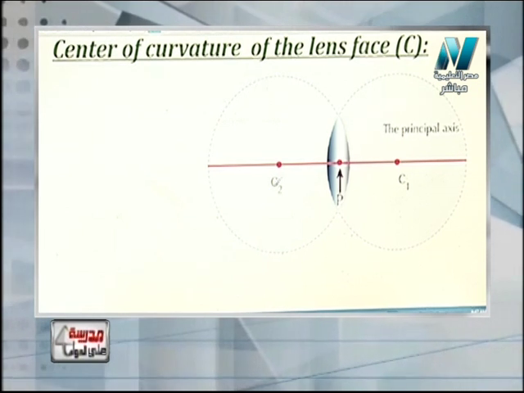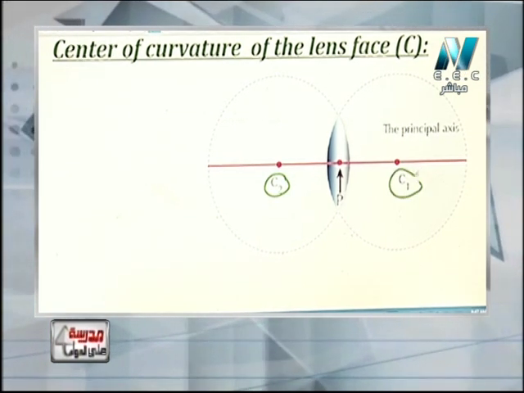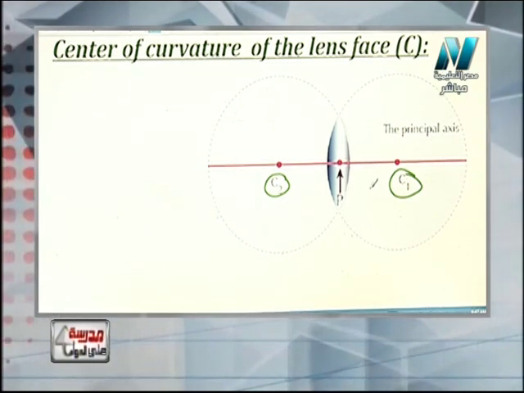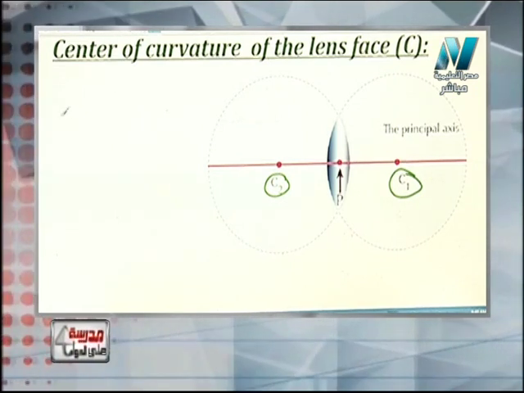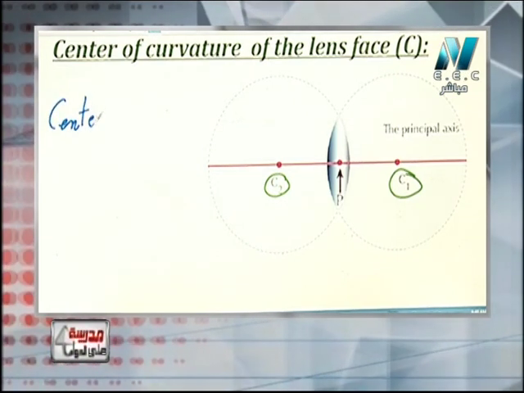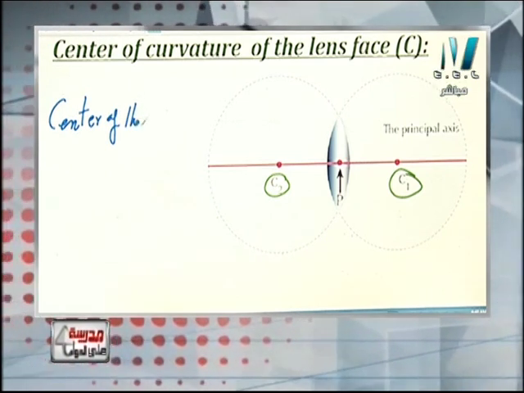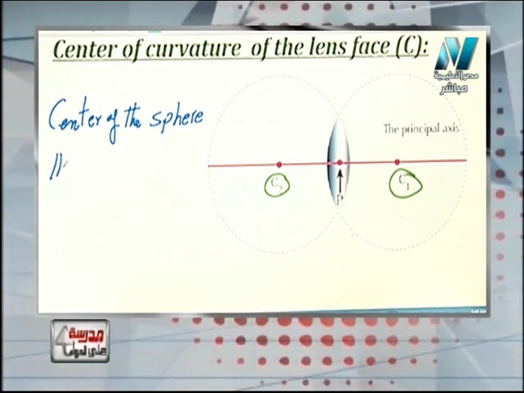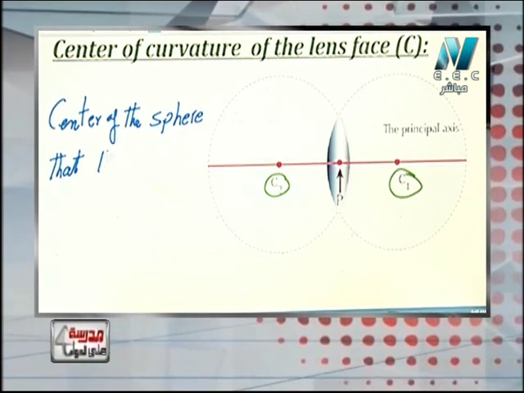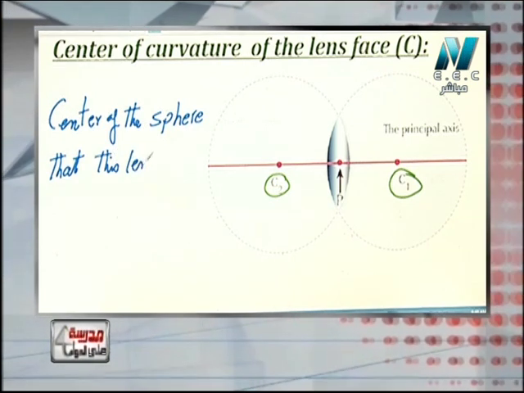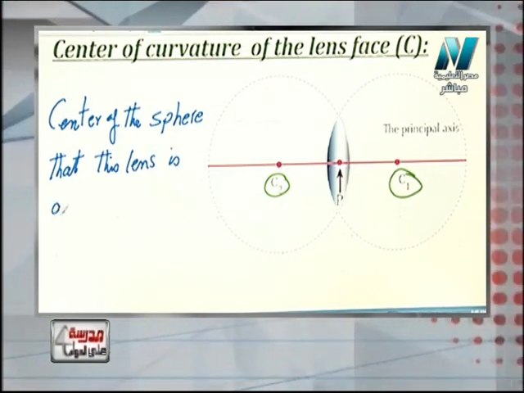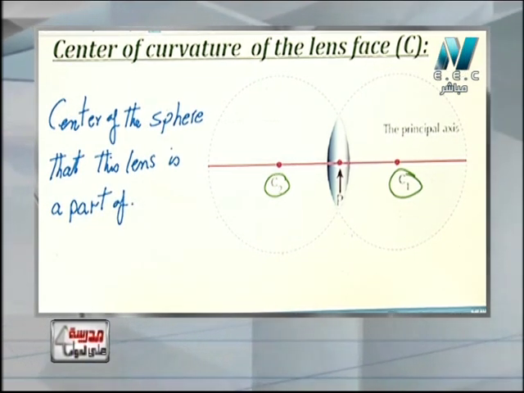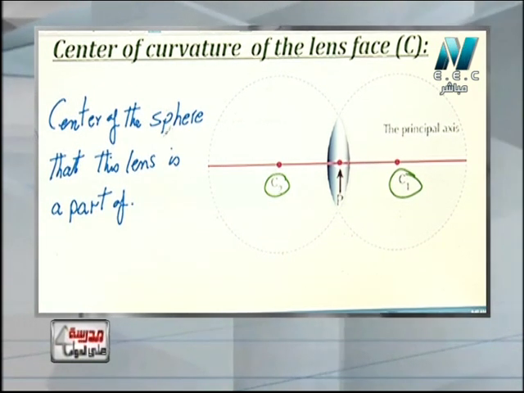And at the same time we have two centers of curvature because the lens is a part of two spheres, or defined with two spherical surfaces. So center of curvature here is what? Center of the sphere that this lens is a part of, or the face of the lens is a part of.